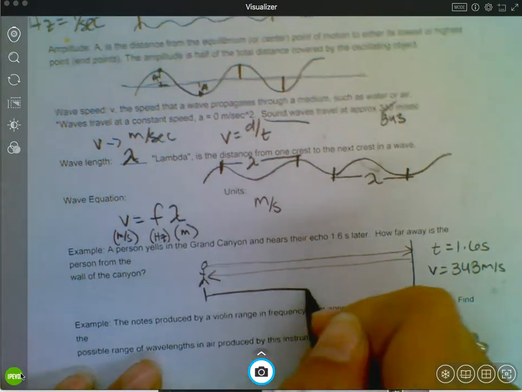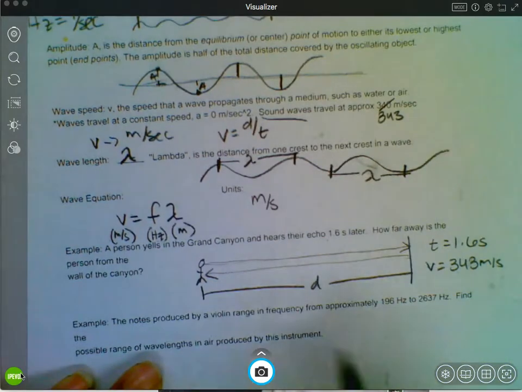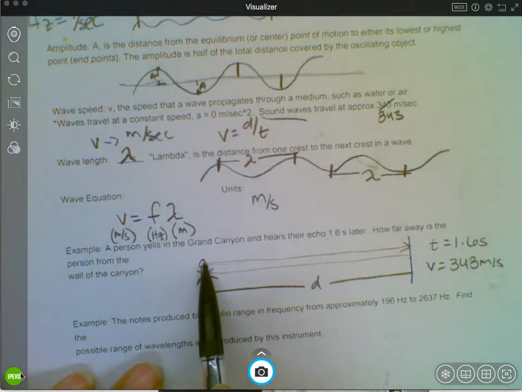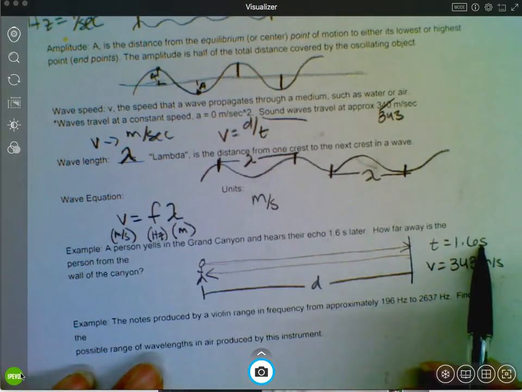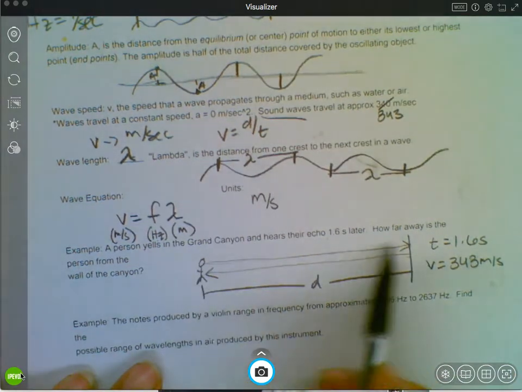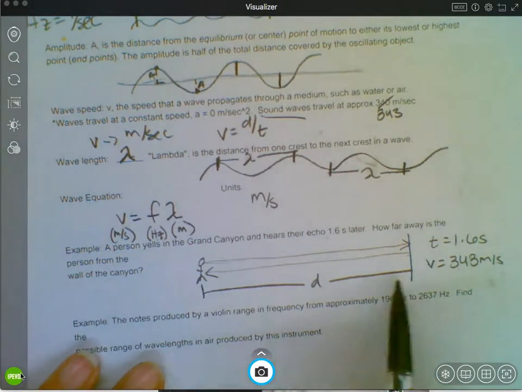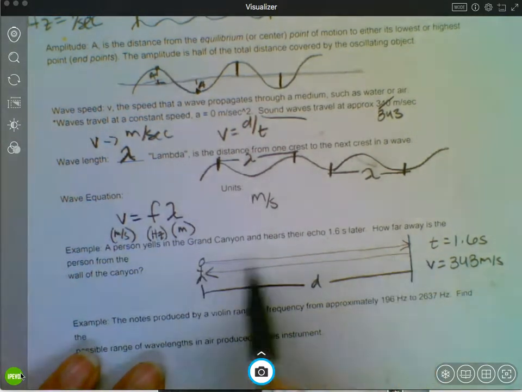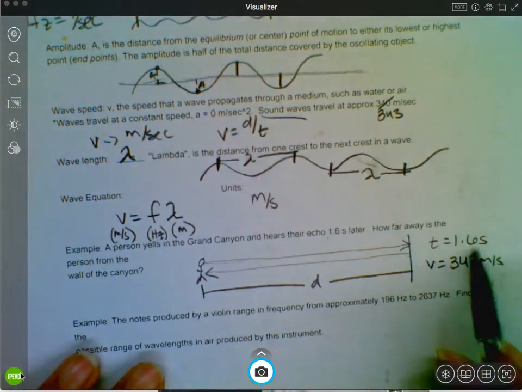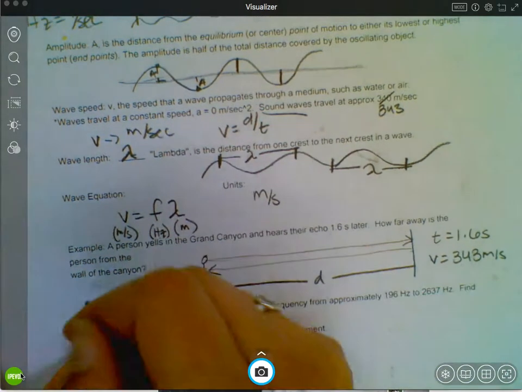So we want this distance. So the key is that you either need to cut the time in half, because the time it took to get from here to there is only half of this, because this is the time from here to there and then back to there. Or you could find the distance from there to there and back and then just divide it by 2. I would divide by 2 before, just to make sure I don't forget.